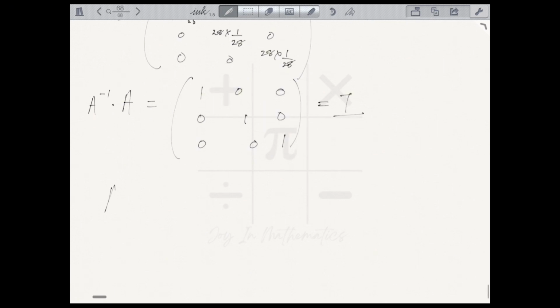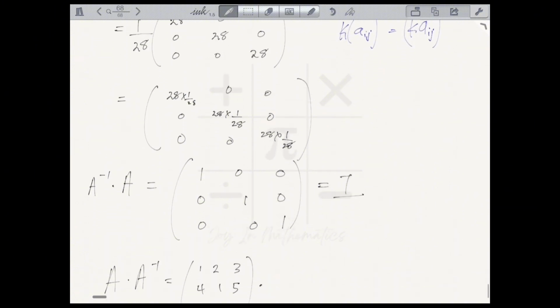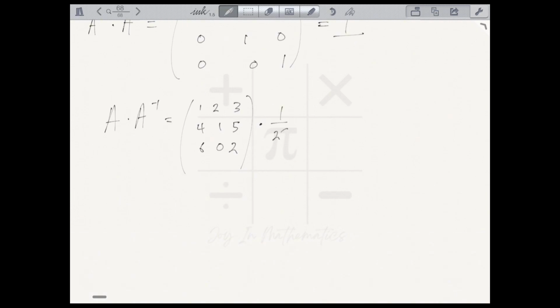And in the same vein, if you have A multiplied by A inverse, that is, 1, 2, 3, 4, 1, 5, 6, 0, 2 multiplied by 1 over 28 of 2, minus 4, 7, 22, minus 16, 7, and minus 6, 12, minus 7, the result will still be an identity matrix.